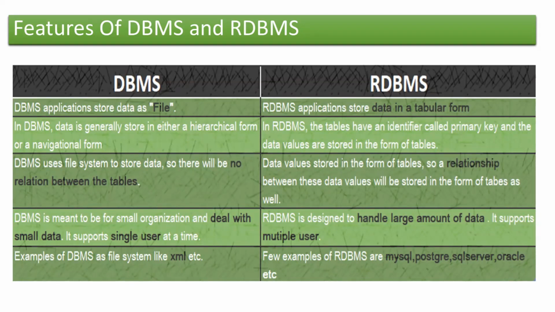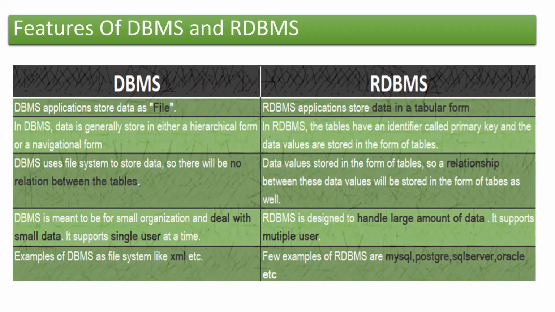DBMS uses a file system to store data, so there will be no relationship between the tables. When I'm typing in WordPad, there is no structure as such. You cannot see the layout. It will keep on going. You have to change either into wrap text or plain text format. DBMS is meant for small organizations and deals with small data. It supports a single user at a time. That is DBMS.